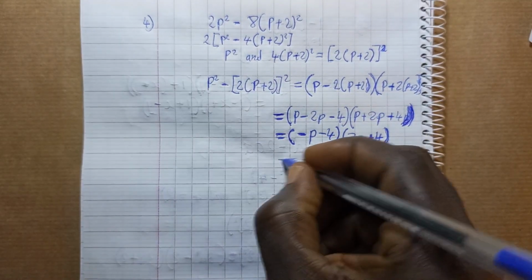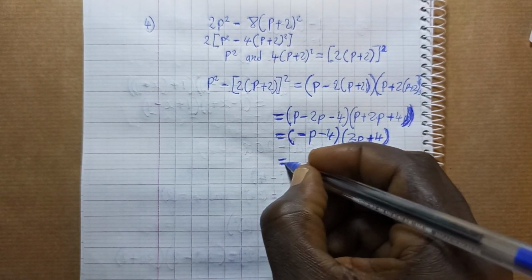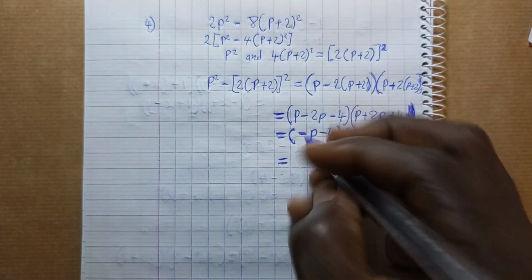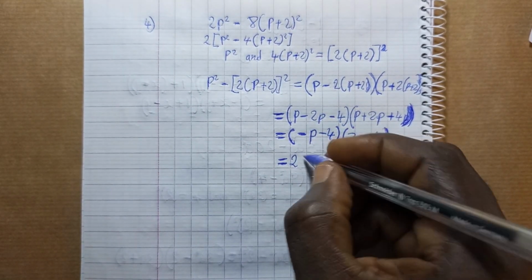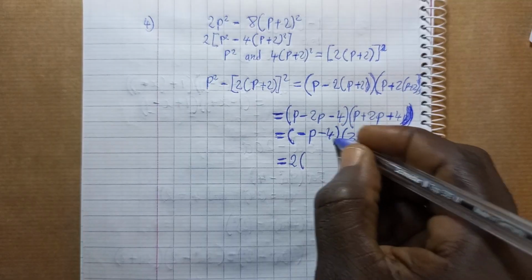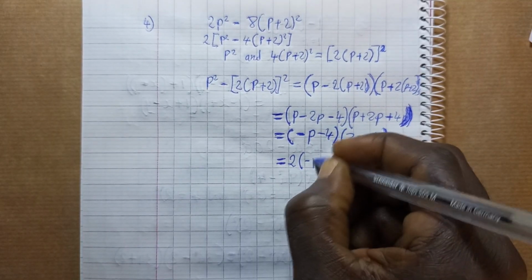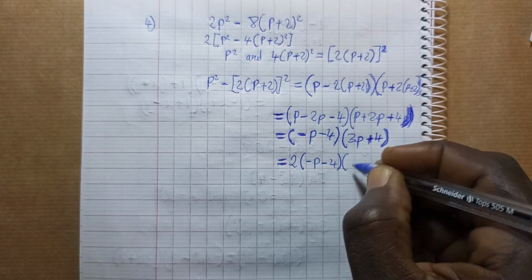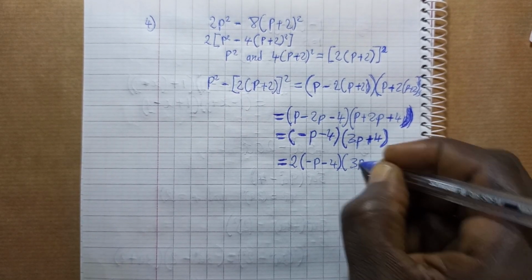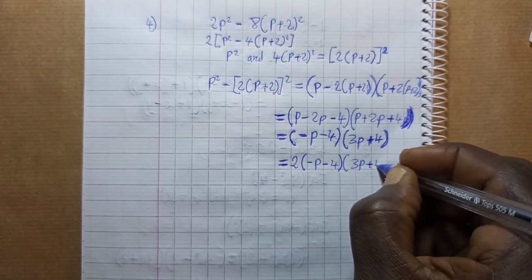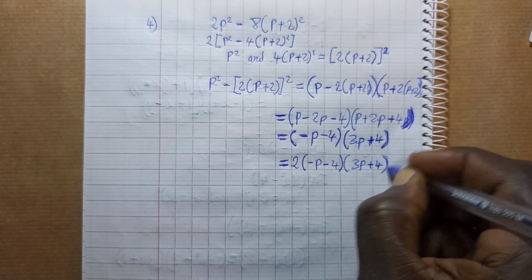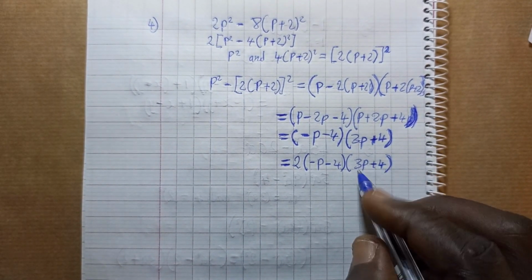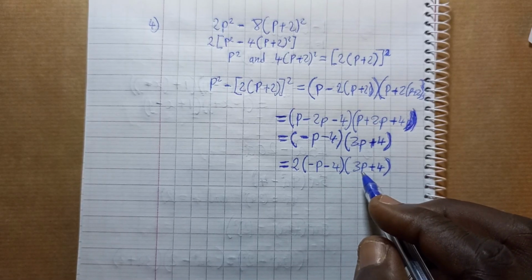And then our final answer will be these two that we brought out as common factor here. We are going to write it here: 2 open bracket, minus p minus 4, open bracket 3p plus 4. So this is the answer to number 4.